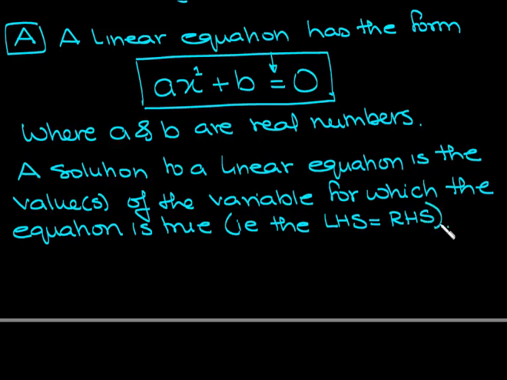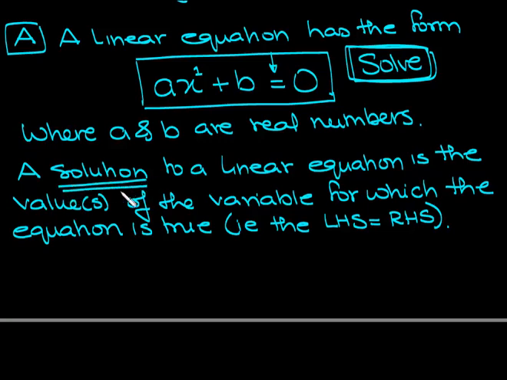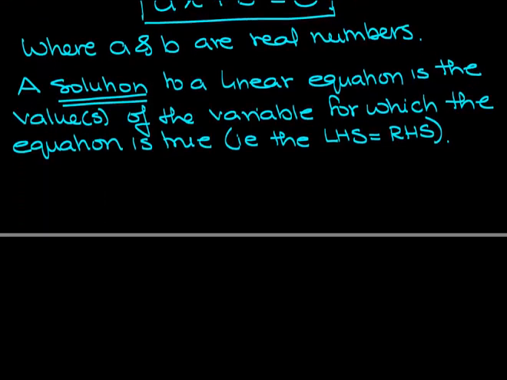So our goal in this section is to solve linear equations. When we solve a linear equation, we find something called a solution. A solution to a linear equation is the values of the variable for which the equation is true. That means the left hand side is equal to the right hand side. So our goal is to find the solution. How do we go about doing that?